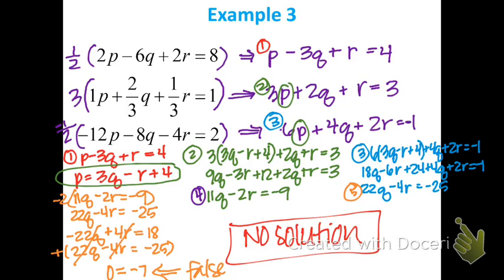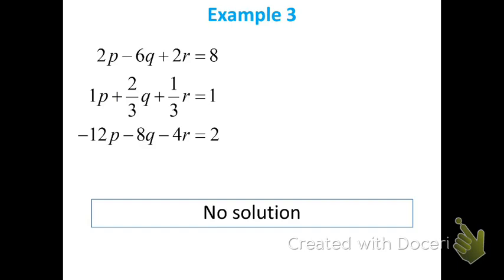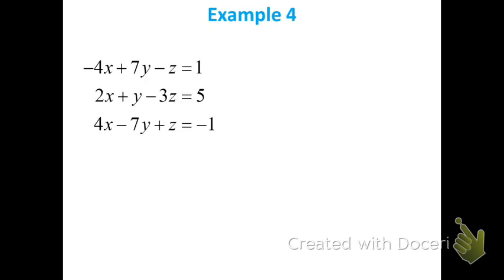Questions on example 3? There's really no easy way to detect no solution until you start working them. However, for our next example, example 4, it's going to be a little bit easier.